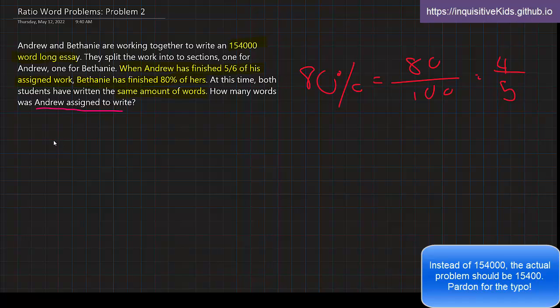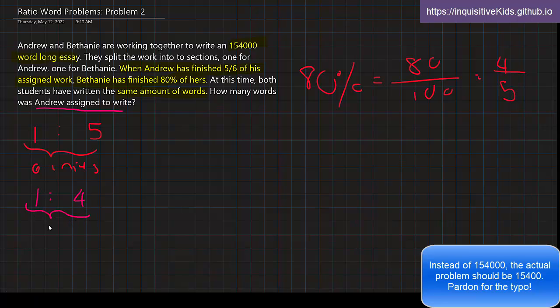So we know that Andrew has finished 5/6 of his assigned work. So what is the ratio? The ratio would be 1 to 5, because in total there's 6 units. That's what's making up the denominator here. And we also have 4 out of 5 parts, which means 1 to 4.